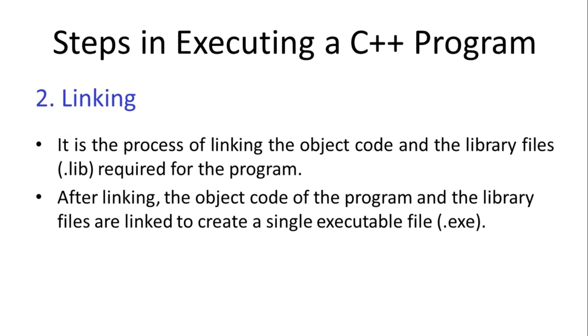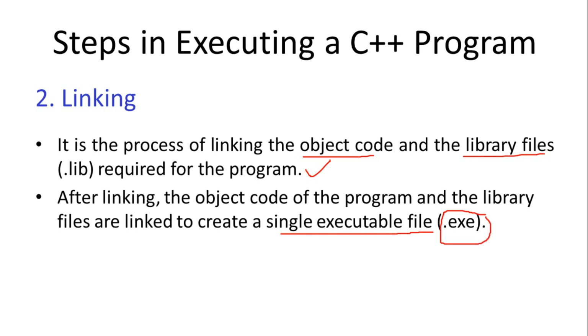The second step in execution of a C++ program is linking. After compilation, linking is the process of linking the object code, that is the .obj file, and the standard library files required for the program. After linking, the object code of the program and the library files are linked to create a single executable file, that is the .exe file.